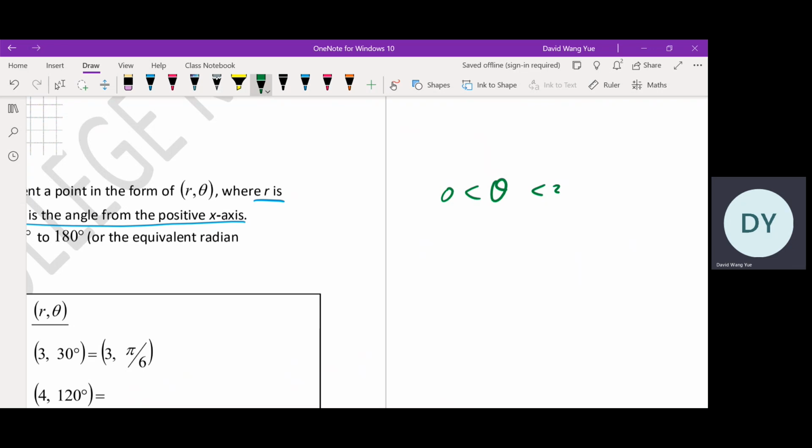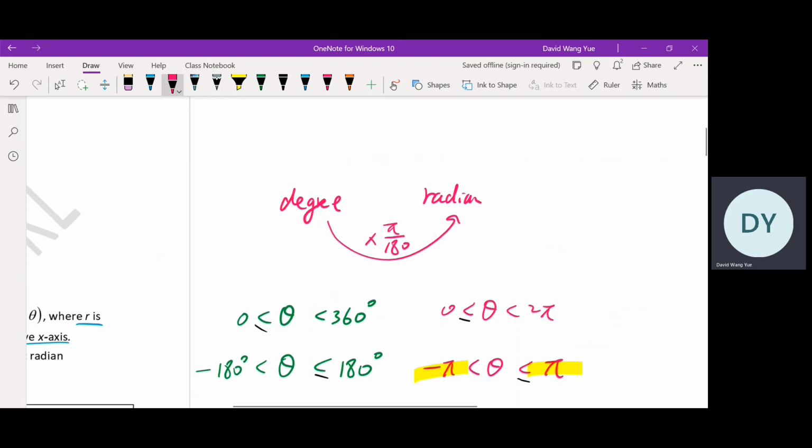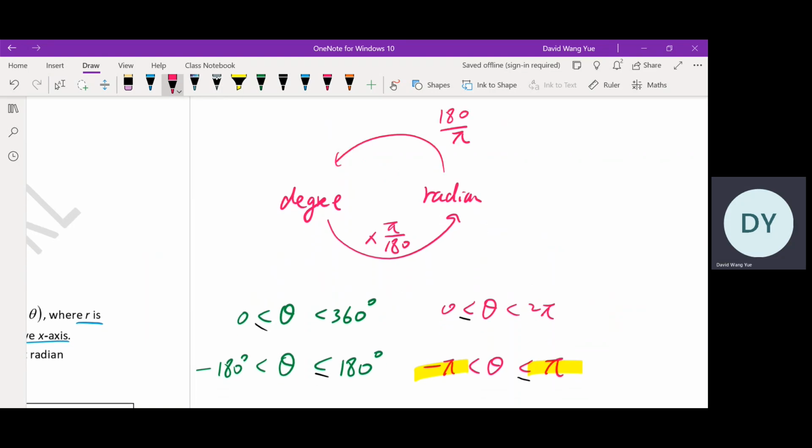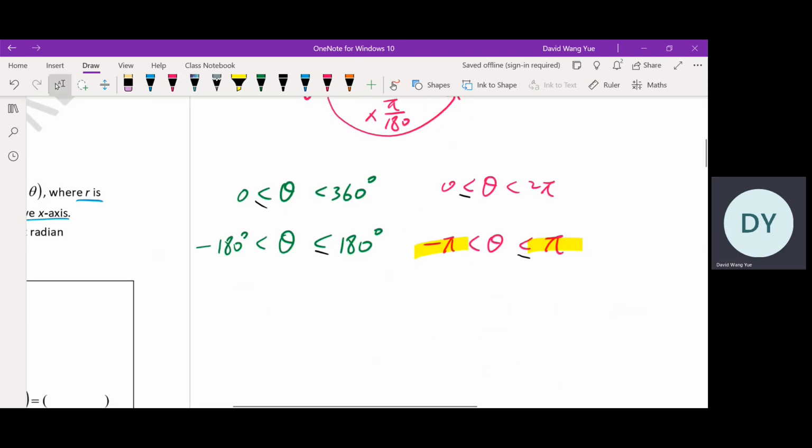We don't say it's negative pi, because they refer to the position. Just in case you don't remember how to convert degrees to radians, you just need to multiply by pi over 180. From radians to degrees, you multiply by 180 over pi. Later we'll see how to do this.